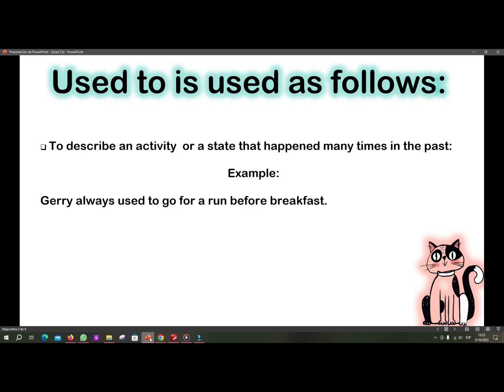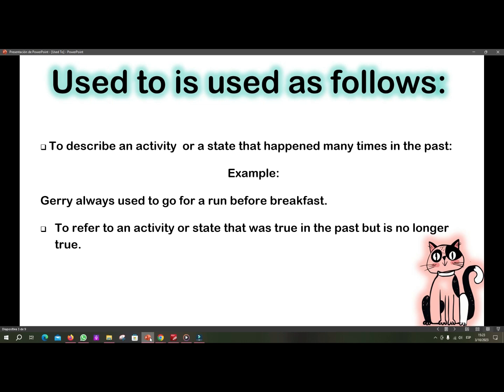And maybe that would be every day, or 2, 3 times a week, right? But in the past. So Jerry always used to go for a run before breakfast. So that is like an activity that he used to do in the past.